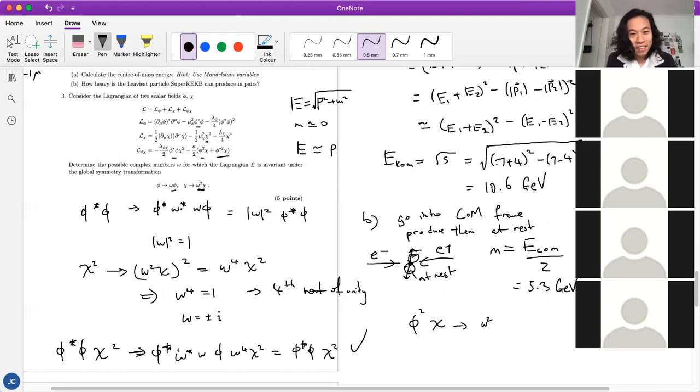So maybe it's not considering the solutions because it's not transforming anything in that case. But you're right, technically it works. For the fourth root of unity, plus or minus 1 also works. But it makes it a bit boring because then chi doesn't transform at all. I guess minus 1 will be non-trivial for phi, but trivial for chi.